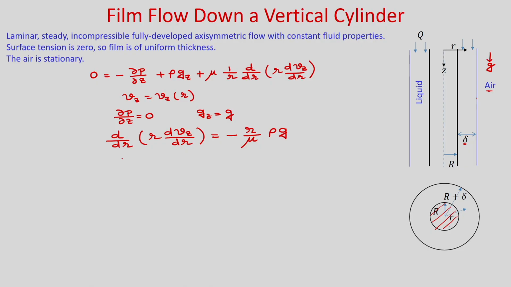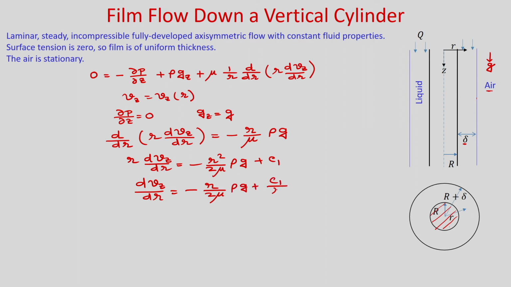So, if you integrate once you will get r dvz/dr is equal to minus r square by 2 mu rho g plus C1. Dividing by r on both sides, dvz/dr is equal to minus r by 2 mu rho g plus C1 by r, and if you integrate then you will get vz, which is a function of r only, as minus rho g by 2 mu into r square by 2.